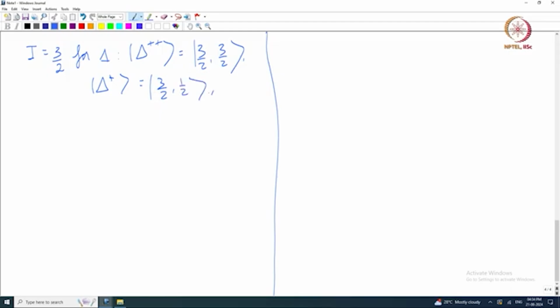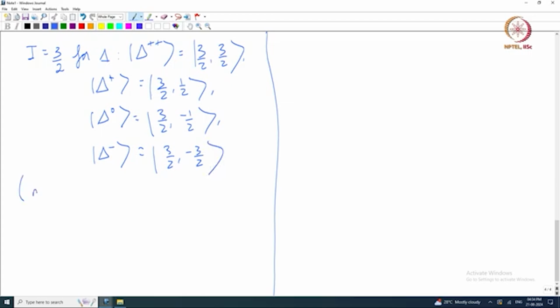Demote it by 1, and of course delta 0 corresponds to 3/2 comma minus half, and finally delta minus is 3/2 comma minus 3/2, okay.